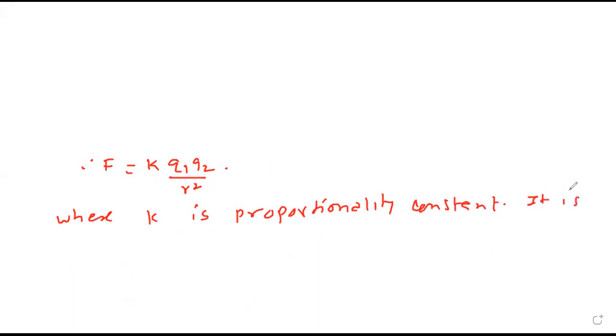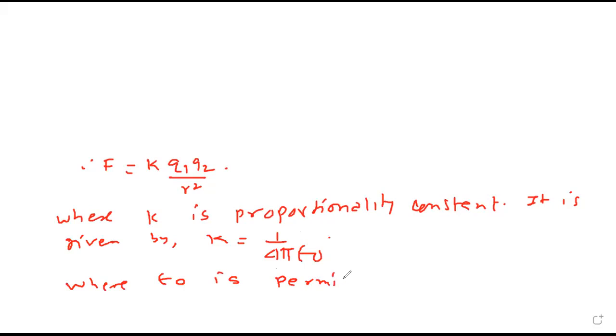It is given by K equals 1 upon 4 pi epsilon naught, where epsilon naught is called the permittivity of free space or vacuum.